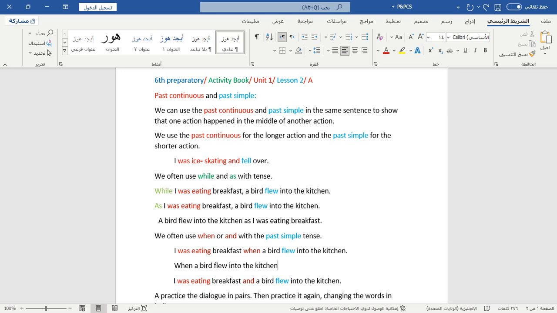Well, what happened when a bird flew into the kitchen? I should put a comma here to separate the two parts of the sentence. What happened? I was eating breakfast. A space after the comma, and then I was eating. What's wrong here? We should put a space between I and was.